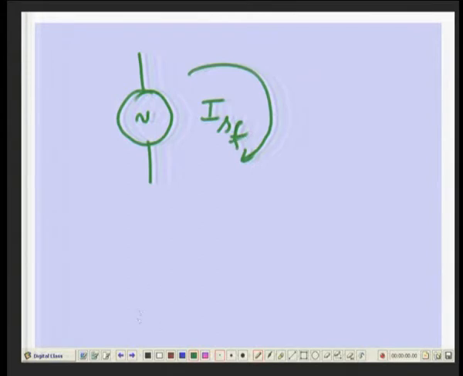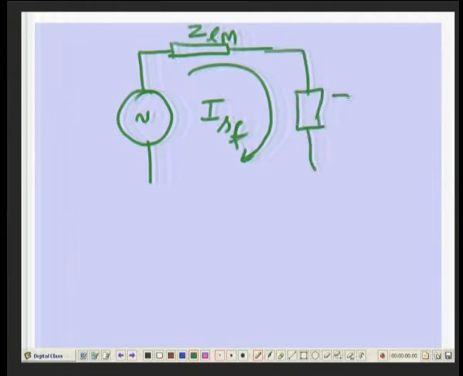and then we came to know that there is a ZLM, then you have a ZF, and then you have a ZD.